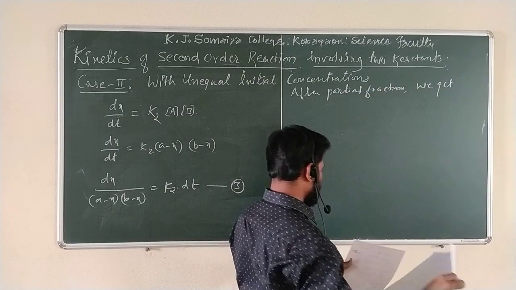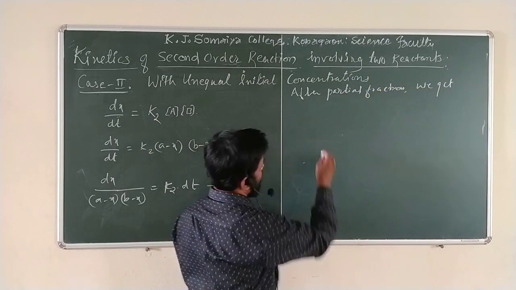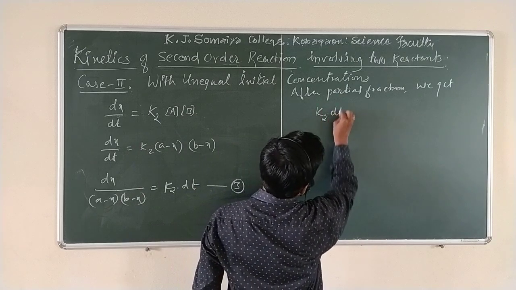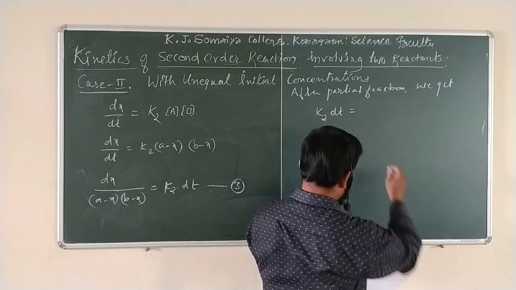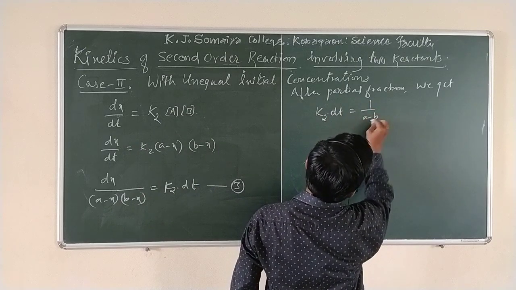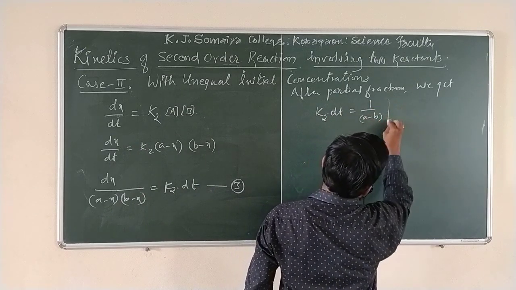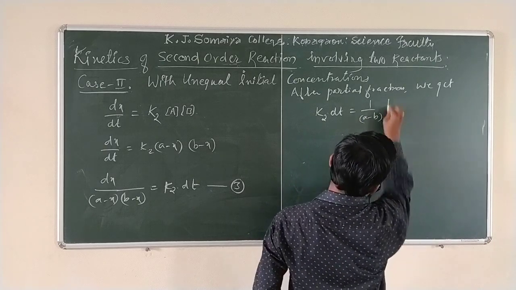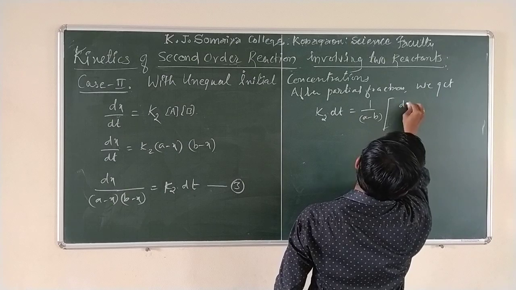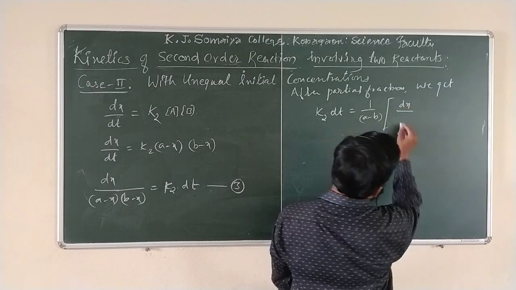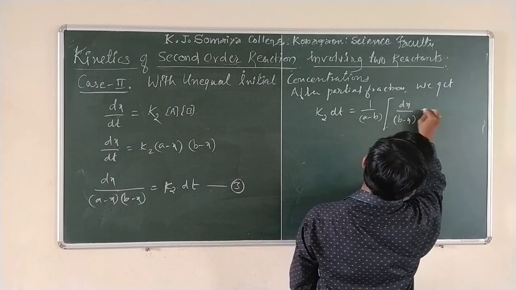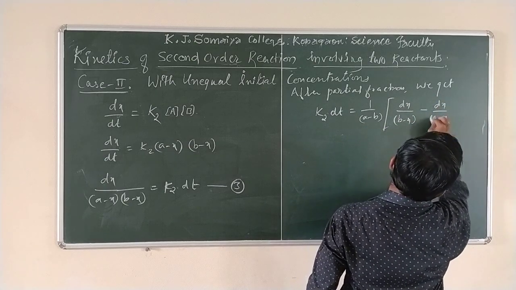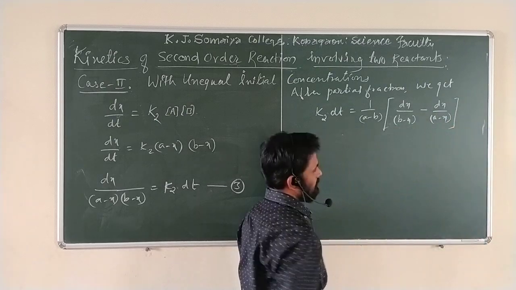K2 dt equal to 1 upon (A minus B), times dx upon (B minus x) minus dx upon (A minus x), say as equation number 4.